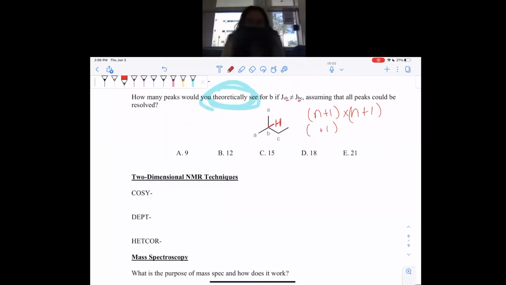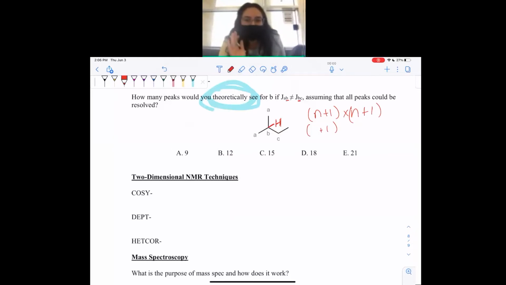So what is the first n going to be equal to? 3, okay. Are you sure? Six, exactly.